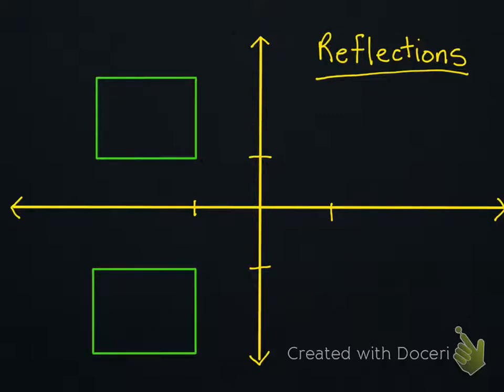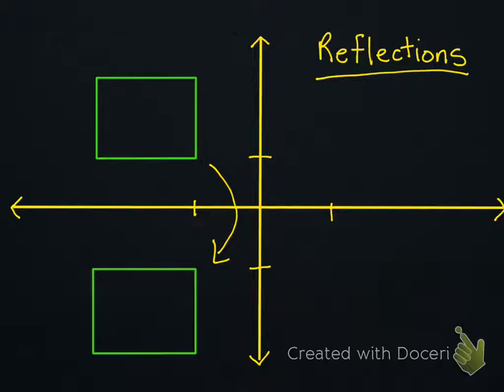Now, again, I'm not plotting the points. It's not perfect. We know that these would be the exact same shape and size. They just flip, right? It just flips over the x-axis. And so that was pretty easy, right? That was pretty intuitive, and that was just using the picture.